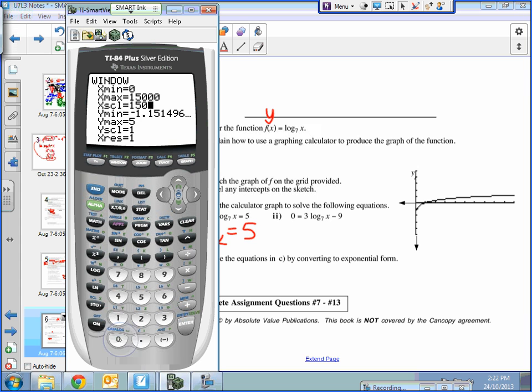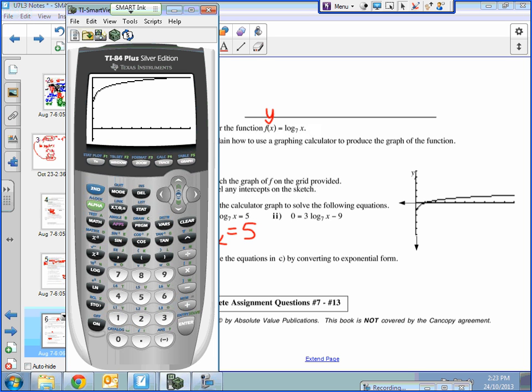I'm just going to make it bigger. I'm just going to make it 20,000 and see. Okay, that should work.